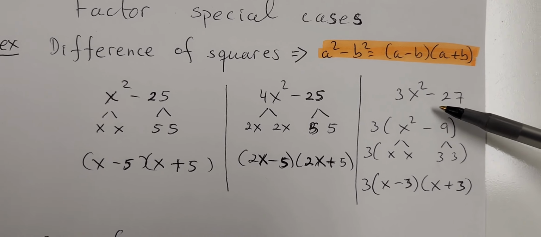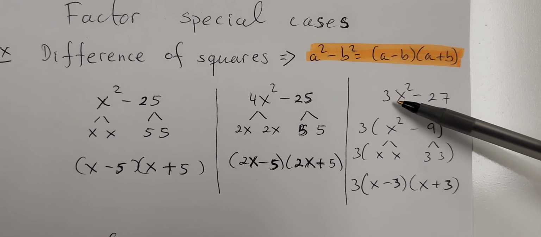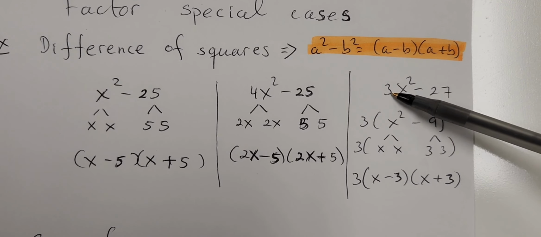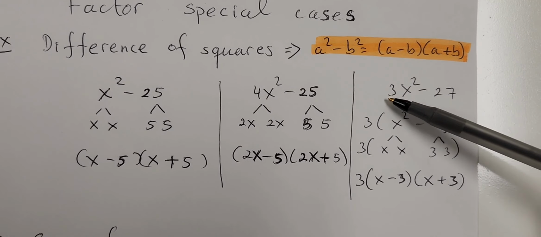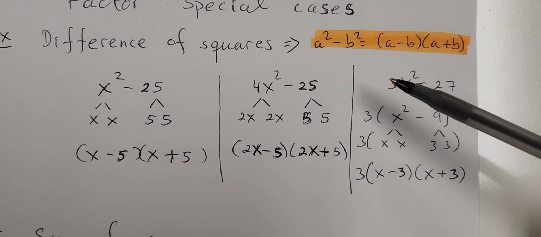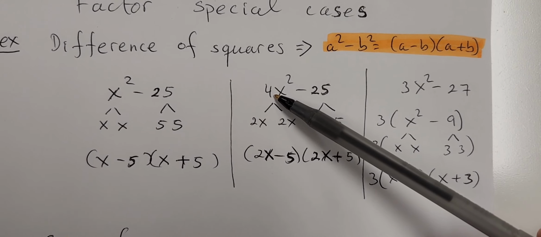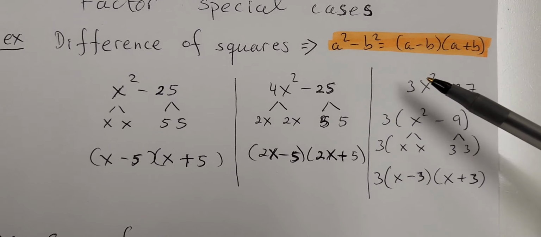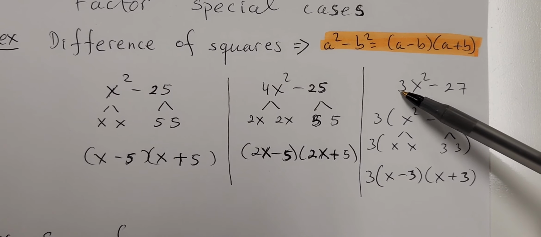Next, here's another example of difference of squares. However, you have to factor out the 3 first so that it can be a difference of squares, because this 3 is considered an extra 3. How come the 4 here is not extra? Because this can be broken up evenly. This 3 you cannot break up evenly, so that's why it is an extra.